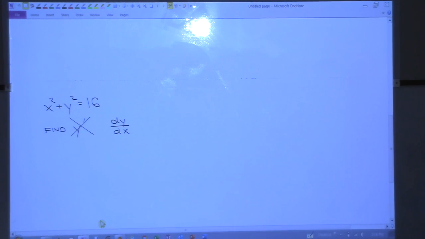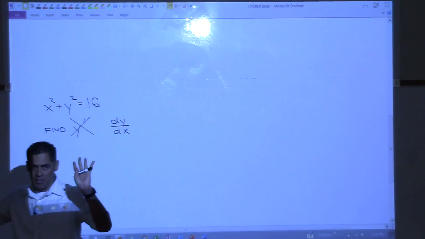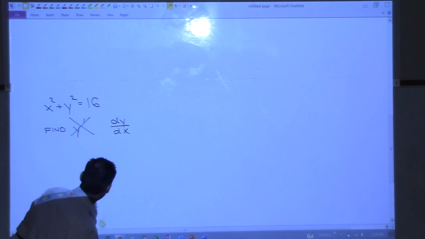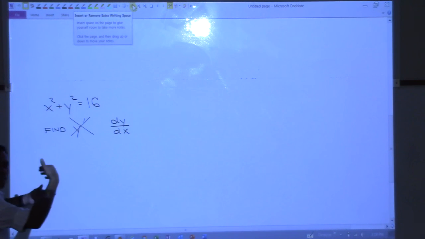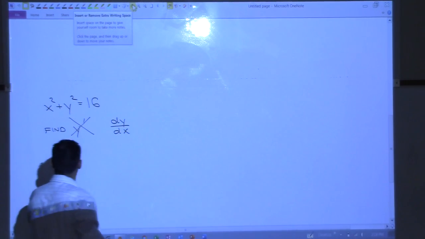Find that. Okay, so what implicit differentiation is: we're going to look at the equation and do something we've done a lot of times in our mathematical life. We've always done something to both sides of the equation, right? We are going to do that. We're just going to take the derivative of both sides. But we're going to do it like this.